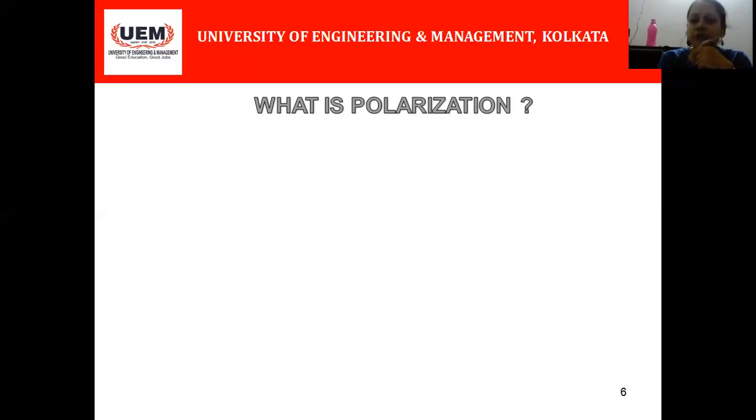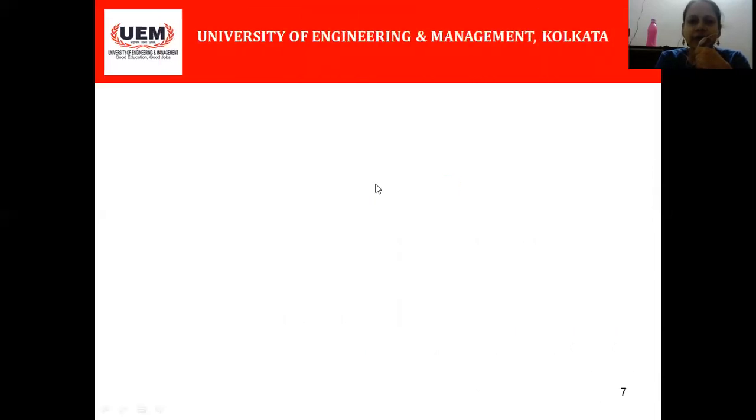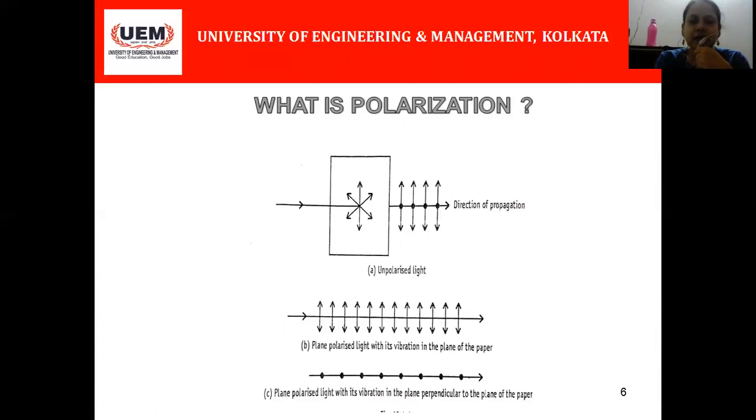Now, from now on, we will be calling the electric vector of light as light vector. So when I say light vector, you understand that I'm referring to the electric vector of light. Now, if we have ordinary unpolarized light, then its electric vector, as we see from the first picture, is free to vibrate in any direction perpendicular to the direction of propagation of light.